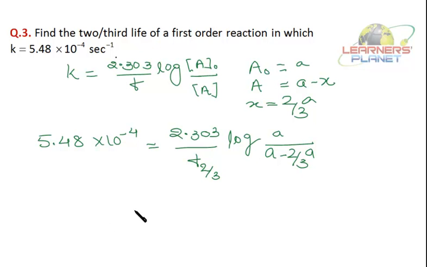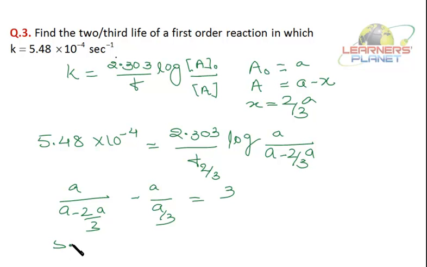Now let's solve this. A by A minus 2 by 3A. What will be the answer of this? It will be A by A by 3, or this will be equal to 3. Let's put 3 over there.